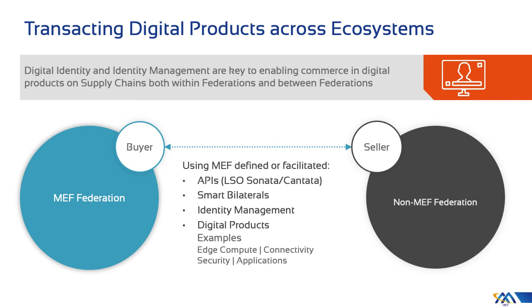And that brings us back to the definition of what the DNA of a federation is. It's the identity that's issued by the governance authority behind the federation, for example MEF, or MOBI, and perhaps in the future C-BAN, which by recognizing each other's identities that have been issued to their federation members will be able to create transactions over the MEF standardized smart bilaterals with LSO APIs.